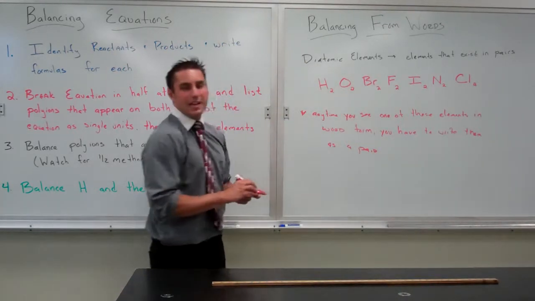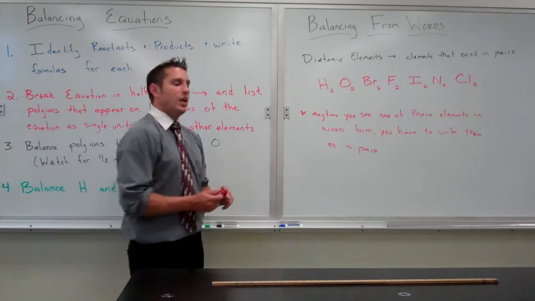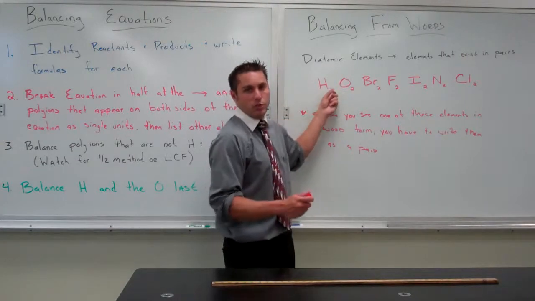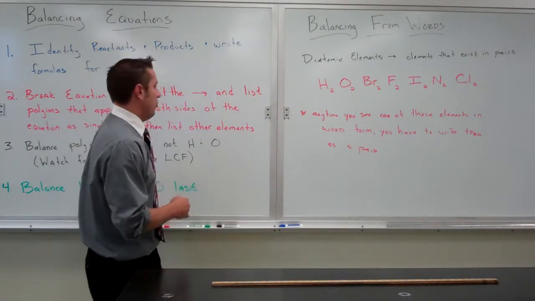So anytime we identify something as an element, I'll always say to you, is it a Hober-Finkel? And if the answer is yes, it means you just put a 2 after its symbol. If the answer is no, you just put its symbol from the periodic table.